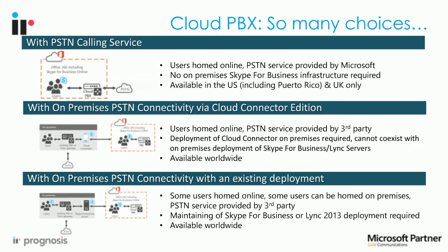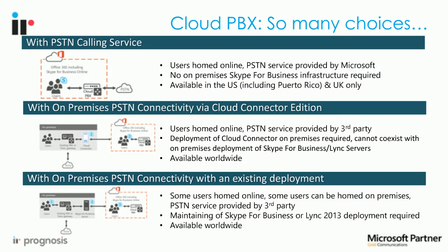The first one is where you have an on-premises PSTN connectivity and you utilize Cloud Connector Edition, which means you have your existing service provider, which provides you PSTN via SIP trunk or PRI lines, and you have those coming to your office. You have subscribed for a plan that gives you access to Cloud PBX within Skype for Business Online. You can then use this on-premises PSTN connectivity with the Cloud PBX.